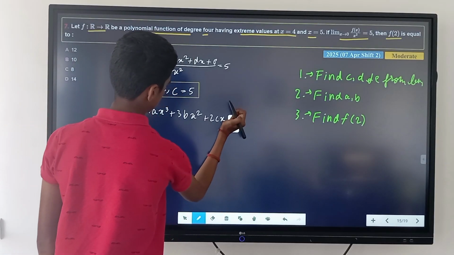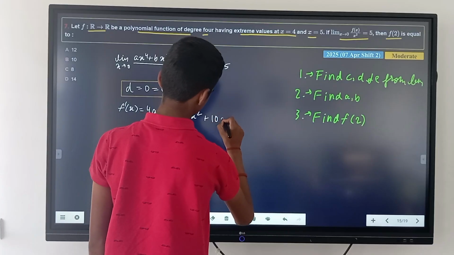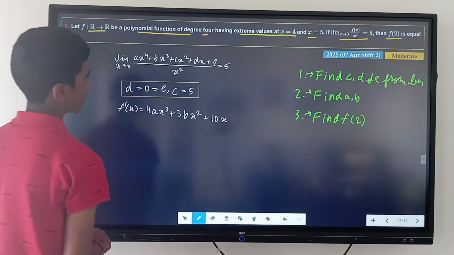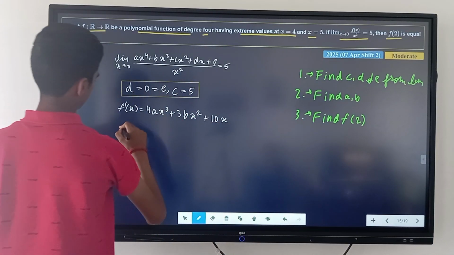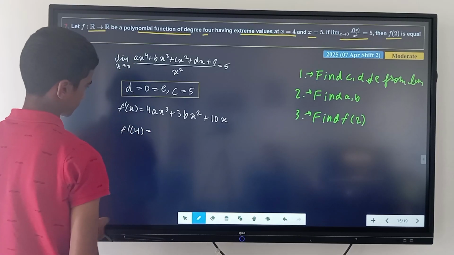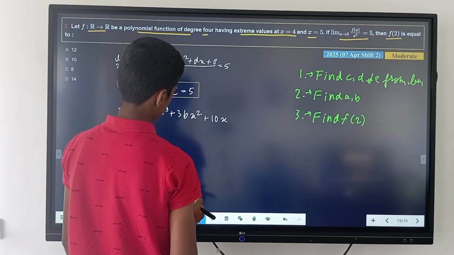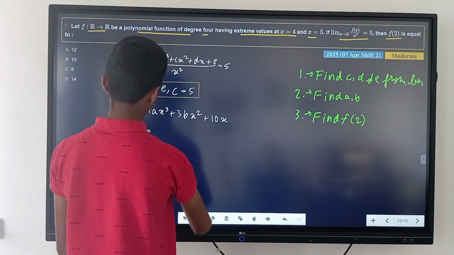We don't have d, and we can write 2c as 10x. Now our f dash 4 is equal to, from here we are going to take 4 common.